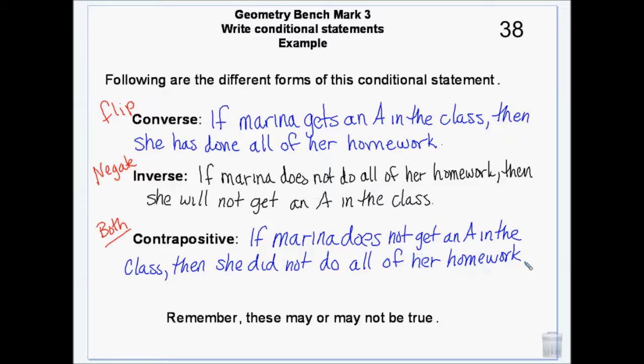Again, I can think of a chance that maybe she did all of her homework, but she didn't do well on the test, so she still didn't get an A. So this is also false. None of these are true in this specific instance.